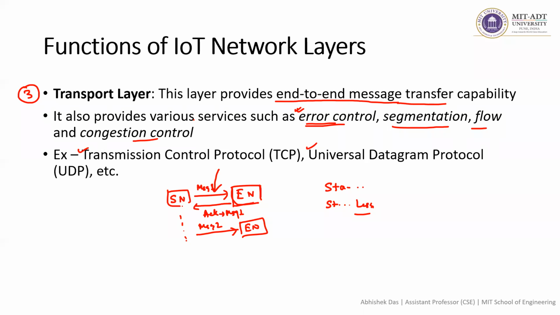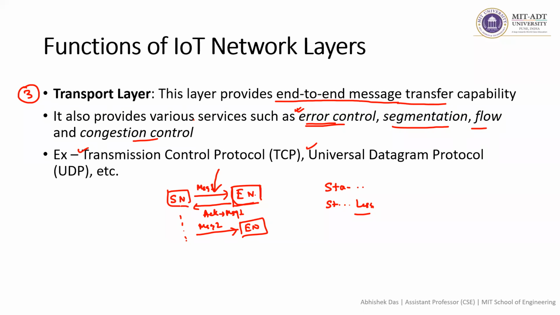Let's say the starting node sent one message to the ending node and the message was corrupted. The ending node will send an acknowledgement to the starting node that the message has been corrupted: kindly send me another copy of that message 1 only.